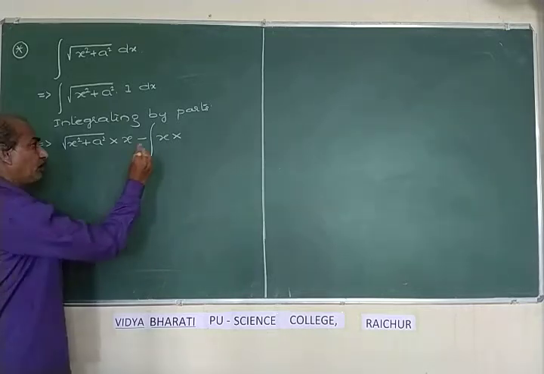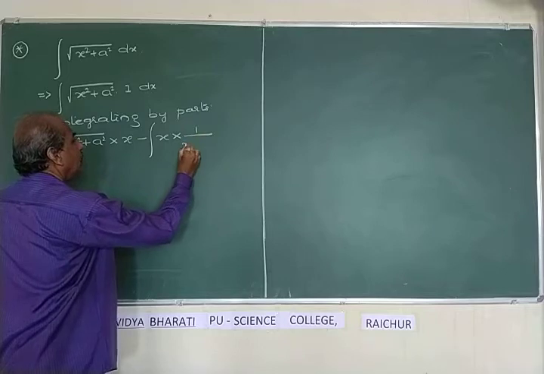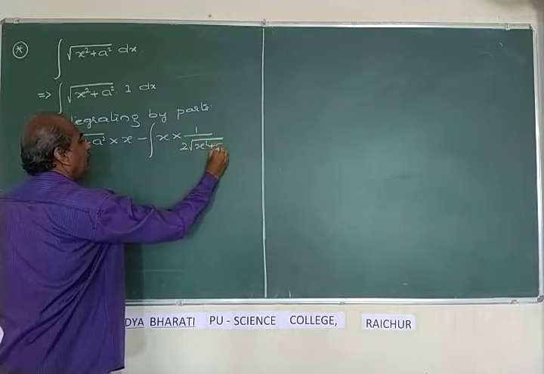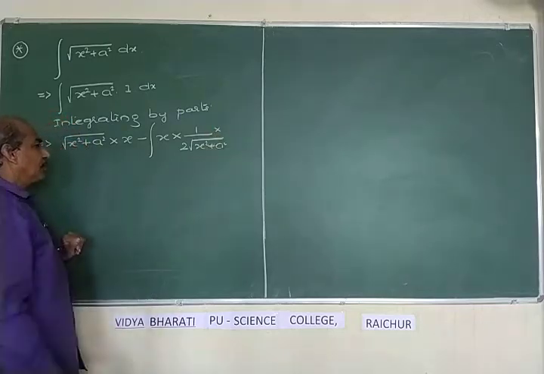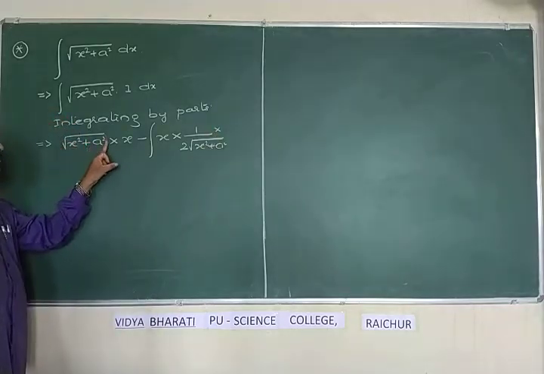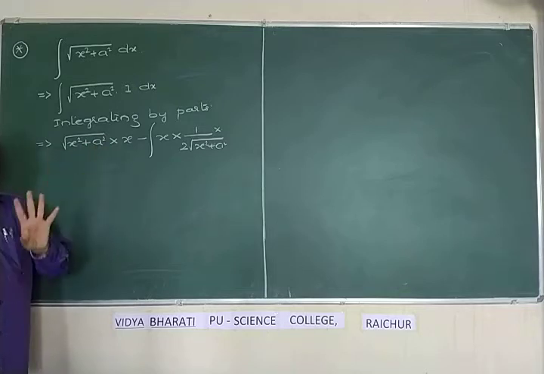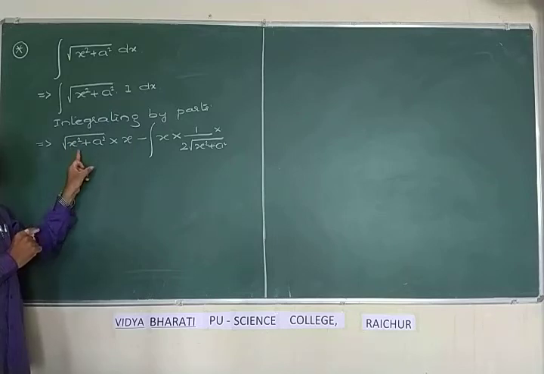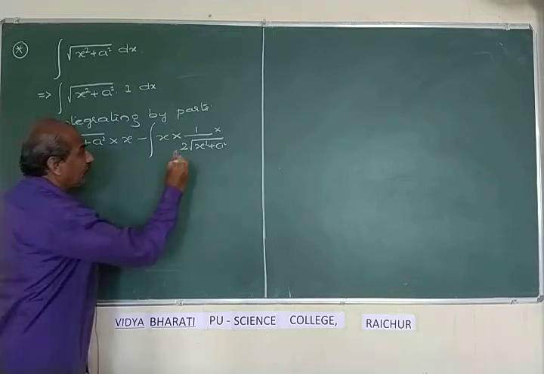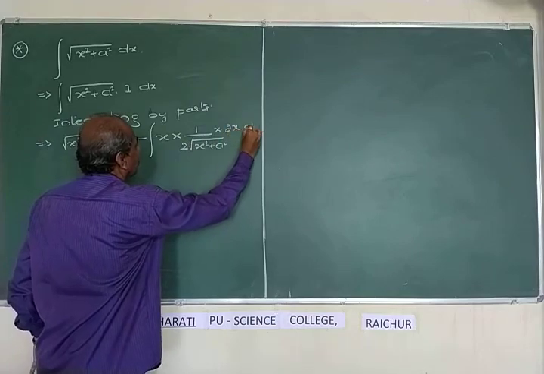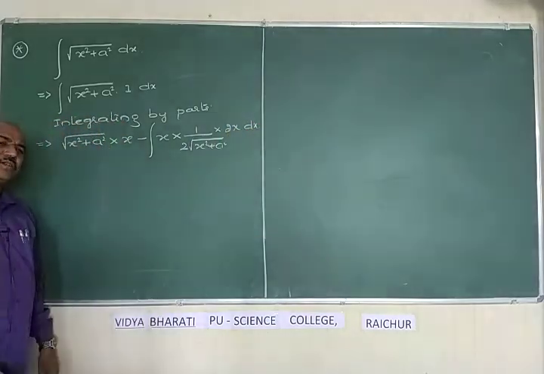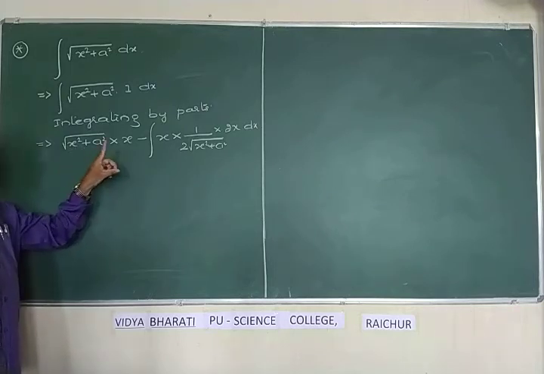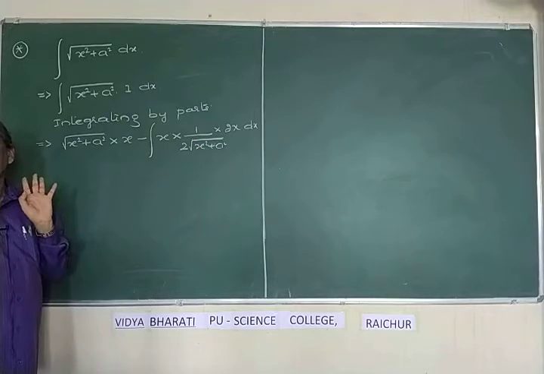So apply the usual formula, 1 by 2 into root of x square plus a square, but for the differentiation of x square plus a square, you must treat a square as a constant. Its differentiation will be 0. What is the derivative of x square? It is 2x, so it is 2x into dx. You need not write 2x plus 0. It is understood that d by dx of x square plus a square is 2x plus 0.